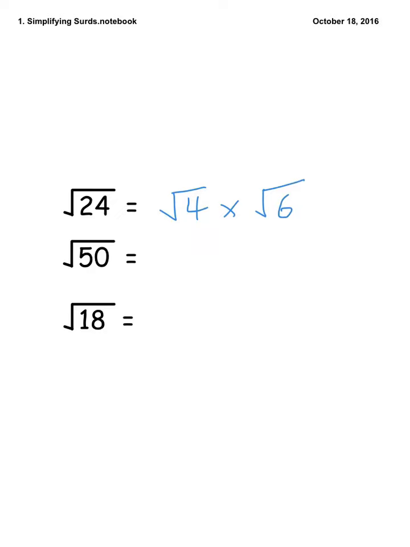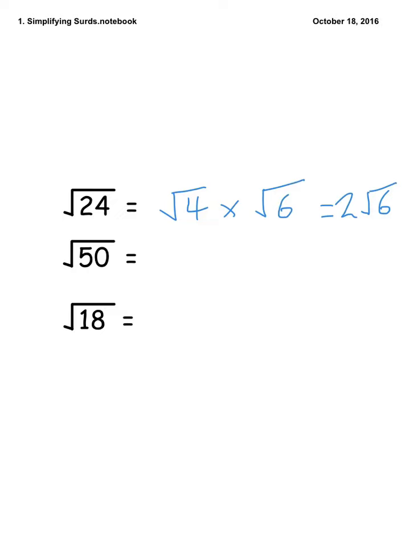We know the square root of 4, that's 2. We don't know the square root of 6, so that has to stay as it is in our final answer. So I've managed to simplify the square root of 24. Square root of 24 simplified is 2 root 6.